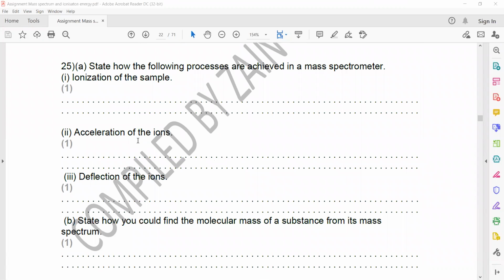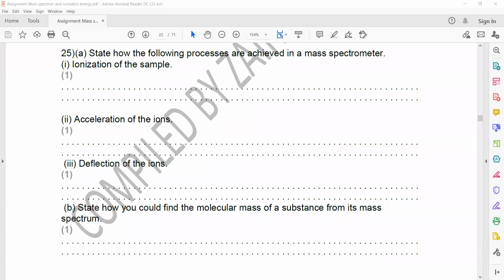State how the following processes are achieved in a mass spectrometer. Ionization of the sample. So how do we ionize the sample? We target the sample, bombarding it with high energy electrons.